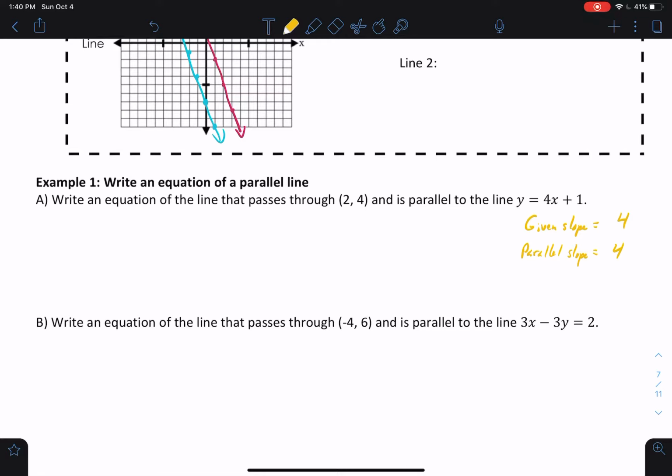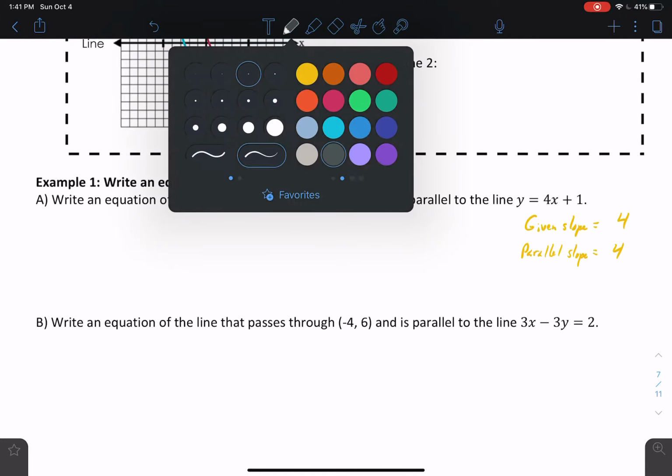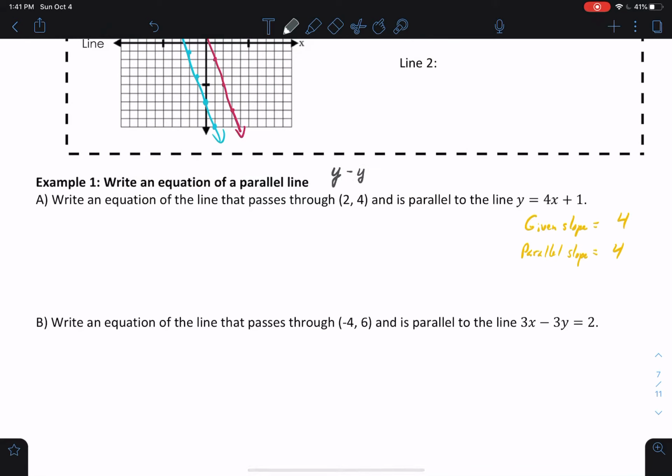Now, to write an equation of a line when we're given a point and a slope, I'm going to use point-slope form, which is y minus y1 equals m times x minus x1, where m equals the slope and (x1, y1) is a point on the line.